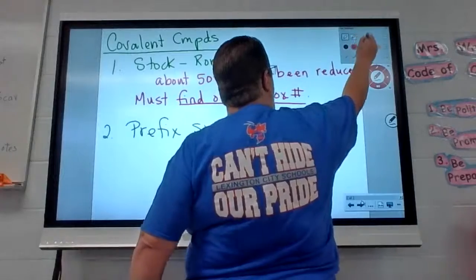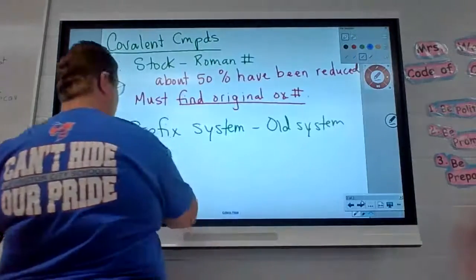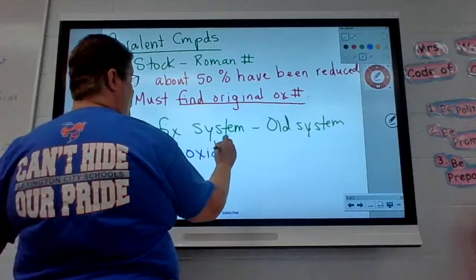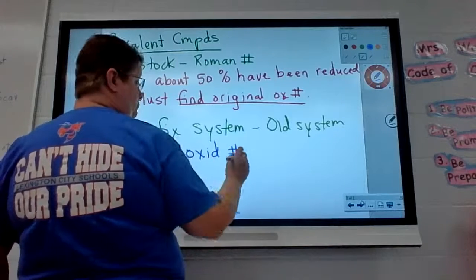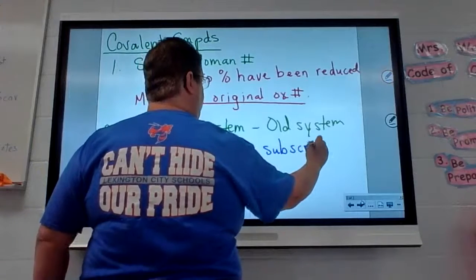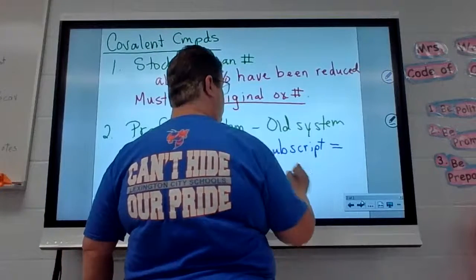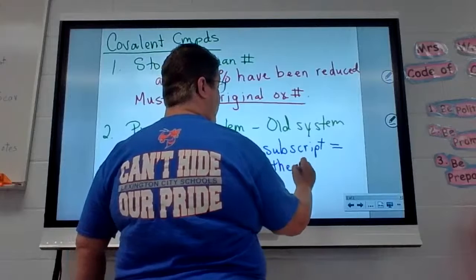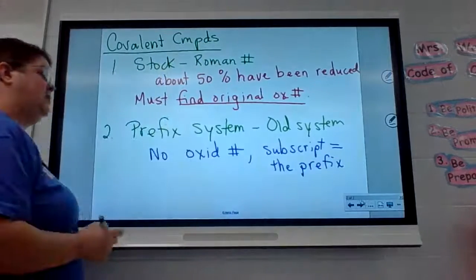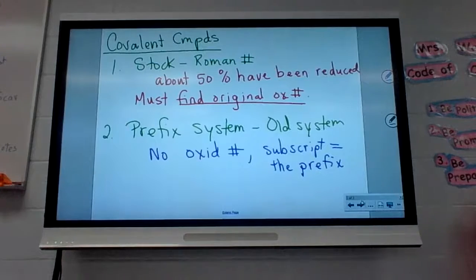So here, the thing people like about this is there are no oxidation numbers, okay? The subscript equals the prefix. That's the thing that makes the two systems different.